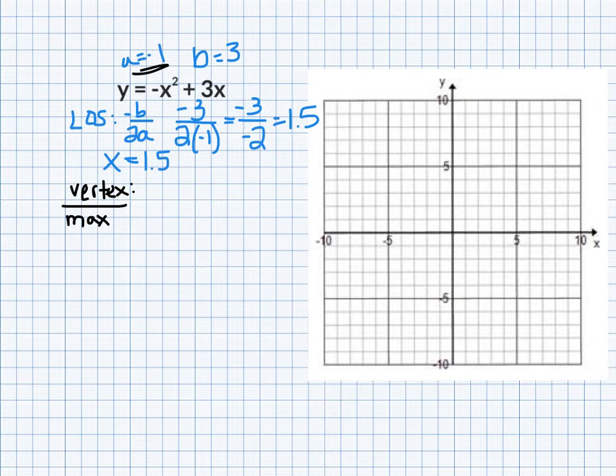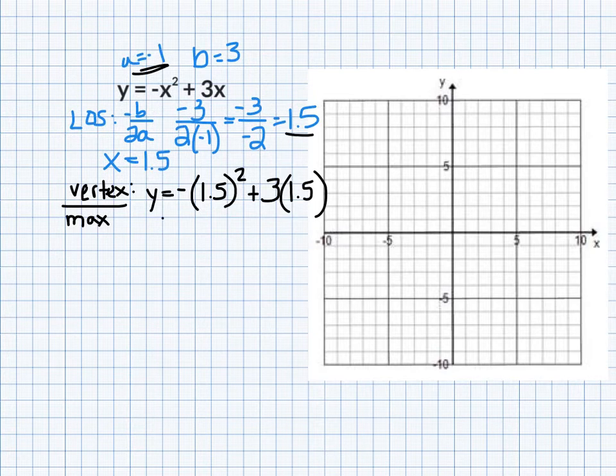Okay, so remember we can take the x of 1.5 and put it in the equation. So y equals negative 1.5 squared. Notice, got the negative out front, the 1.5 is being squared, plus 3 times 1.5. All right, evaluate that on your calculator.